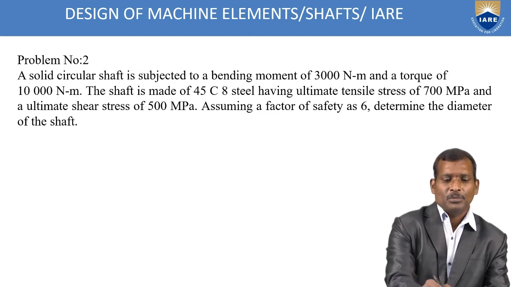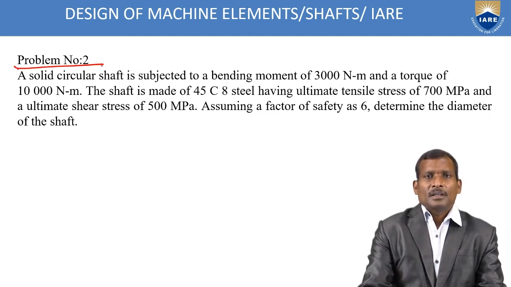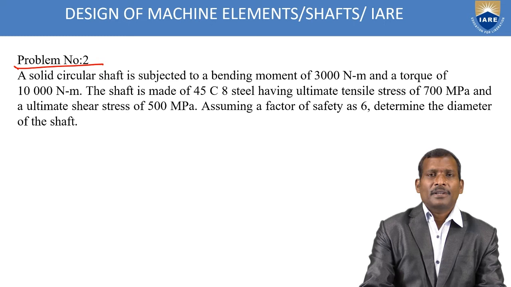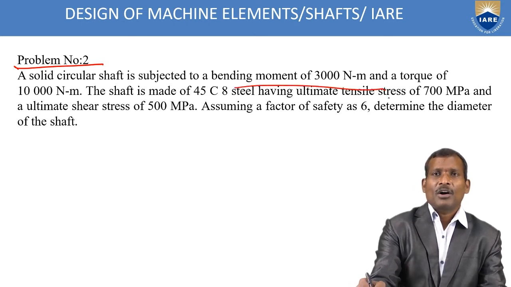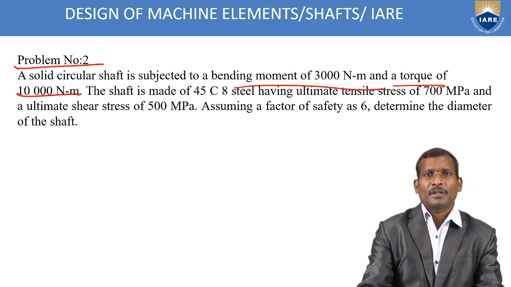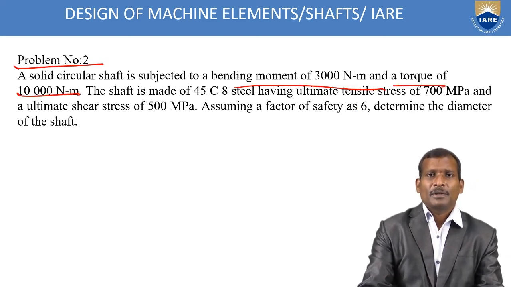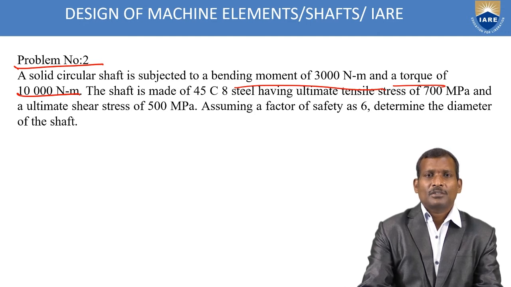Next, problem number 2. Here, a solid circular shaft is subjected to bending moment and a torque of 10,000 Newton meter. In this condition, it is the combination of these two, the bending moment and the torque, also given as 10,000 Newton meter. In the previous case, we saw only torque.